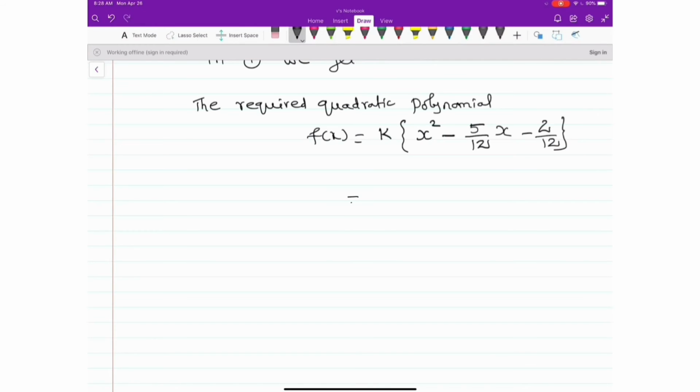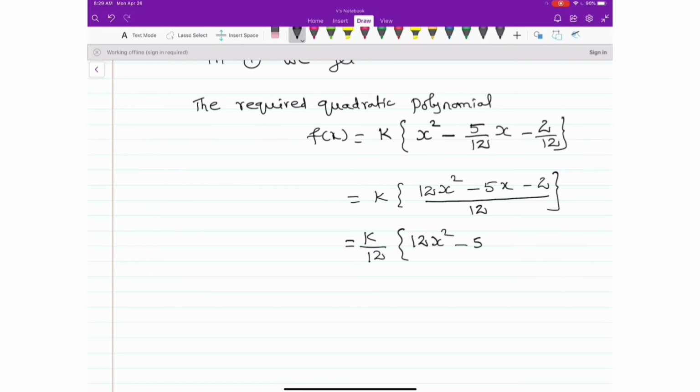This is equal to, when we take LCM, I will get 12x square minus 5x minus 2 by 12. This 12 can be taken out. Then we will have k by 12 into 12x square minus 5x minus 2.